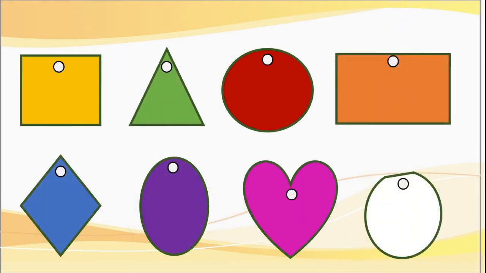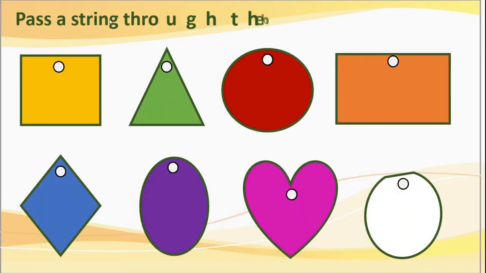Next step is, pass a string through the hole. String means dhaga. What to do here? We have to pass the string through this. We have to pass the string through each hole. Okay, see this. We will put it here, and from here we will take it out like that. For each shape we will pass a string.